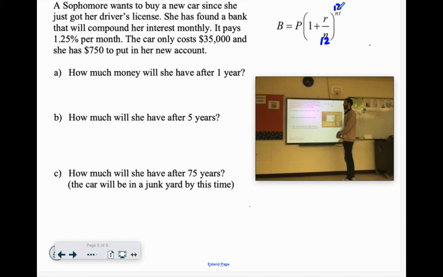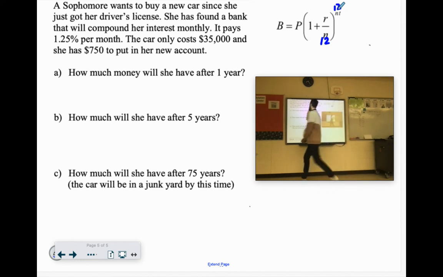Okay, so they kind of gave us that amount. Interesting. Usually they give you the annual amount, and then you have to divide it by 12, but they kind of saved us a step here. The car only costs 35 grand, and she puts $750 in her new account. How much money will she have after 1 year?